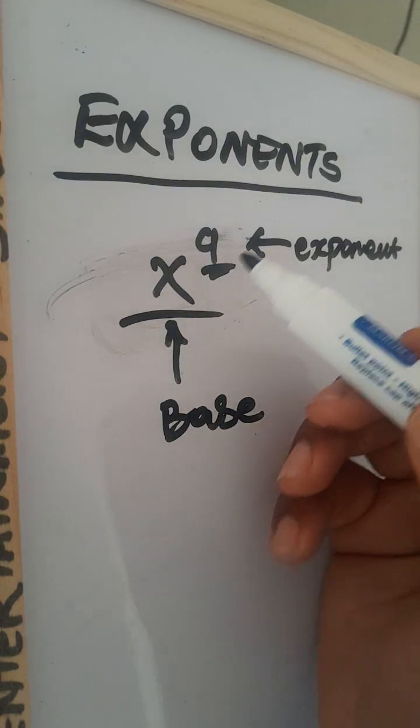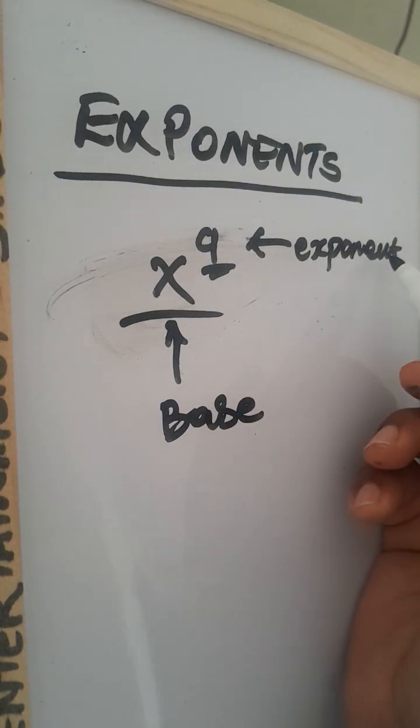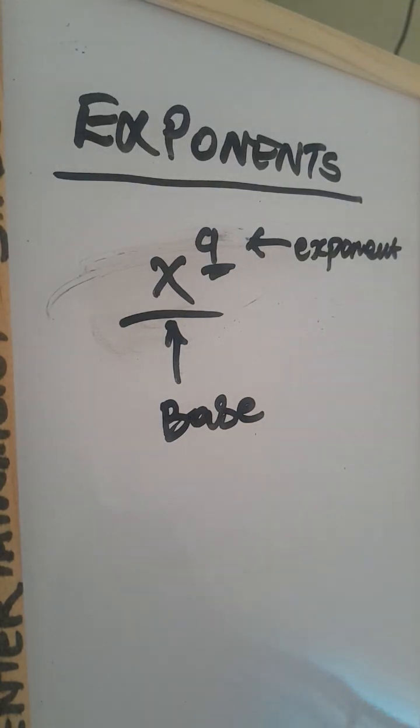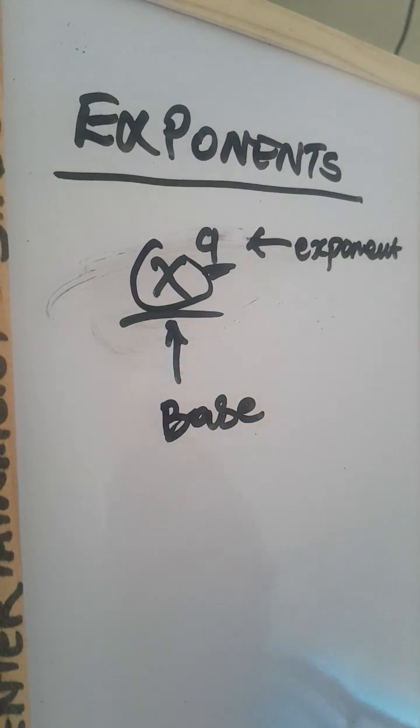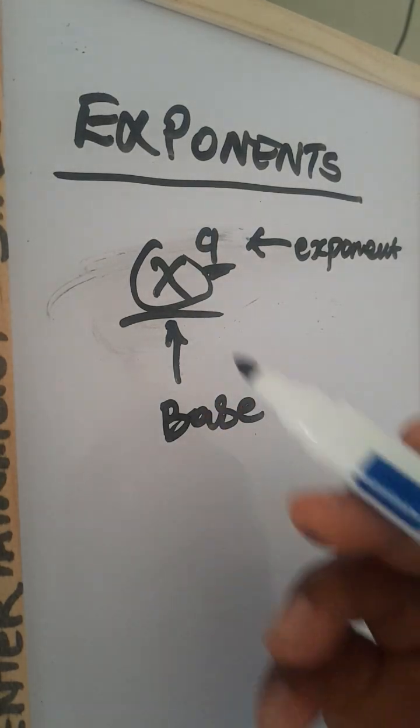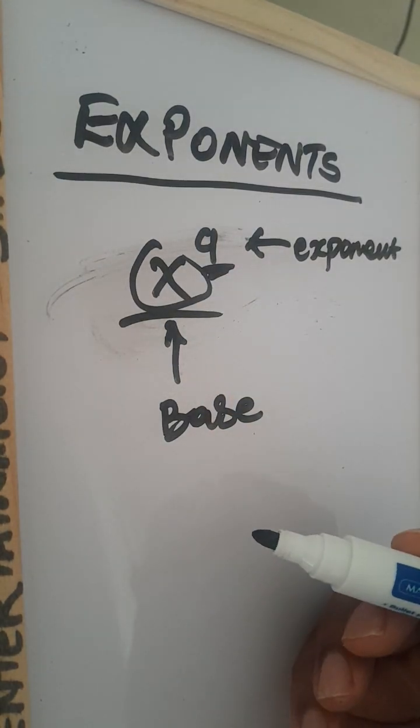So the exponent is the small number that is placed on top of the base on the right hand side. And then the base is the x.